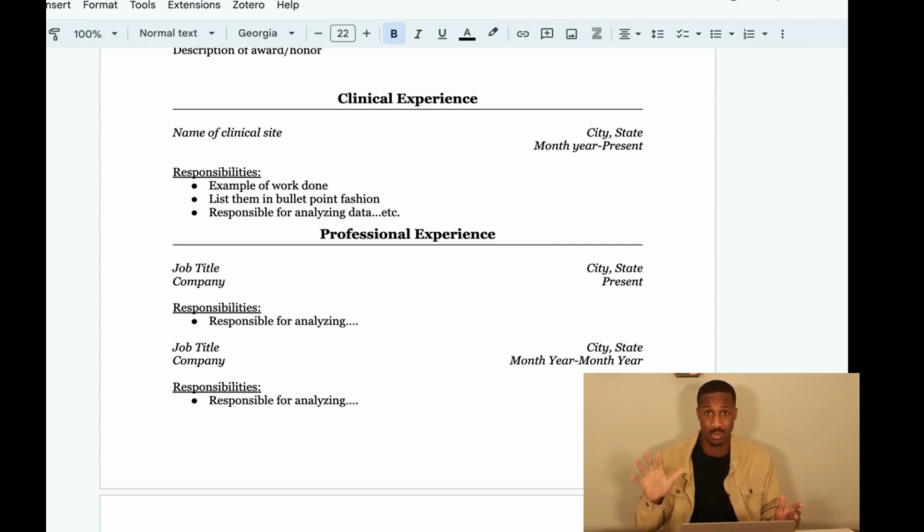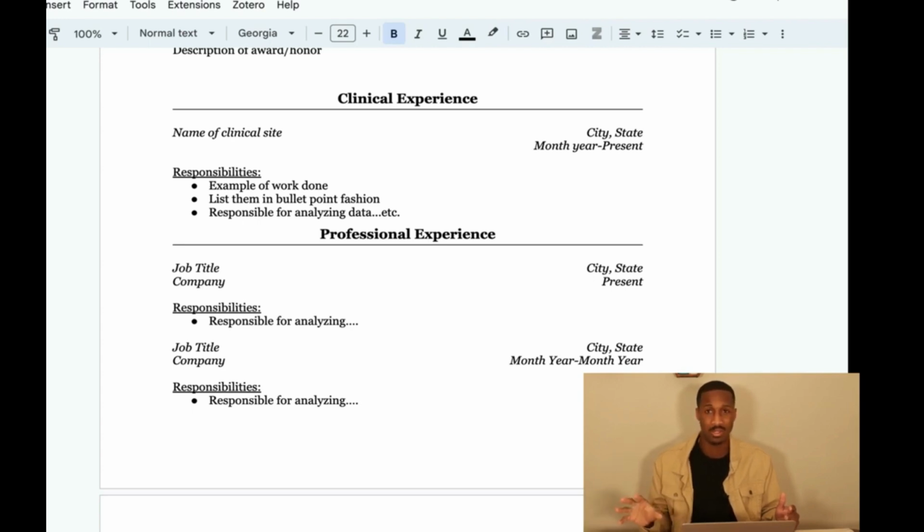Those things are important, those things matter, but in this setting, they don't matter as much. So I would focus on things like maybe you were a case manager for a social worker or a clinical mental health community center, right? Maybe you were a suicide hotline specialist, right? Put clinically relevant experiences.